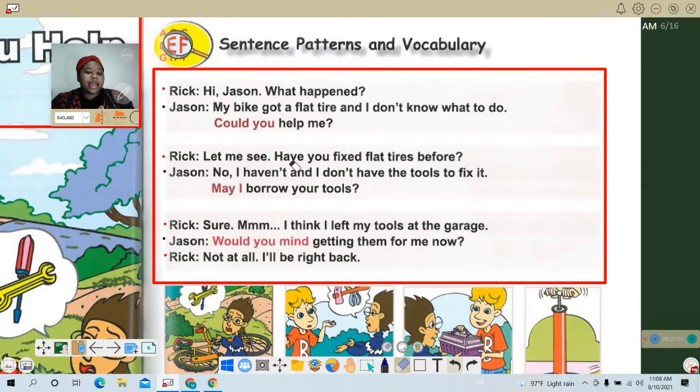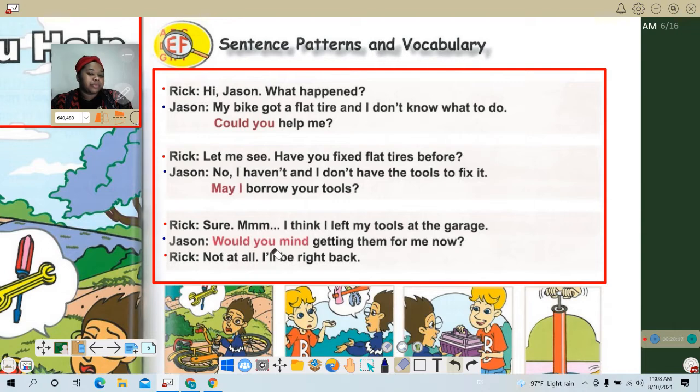Let me see. Have you fixed flat tires before? No. Sure. I think I left my tools at the garage.